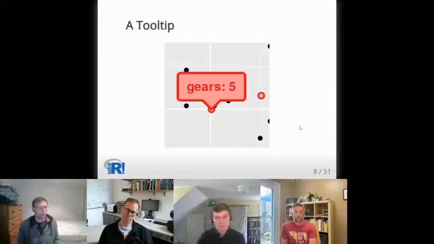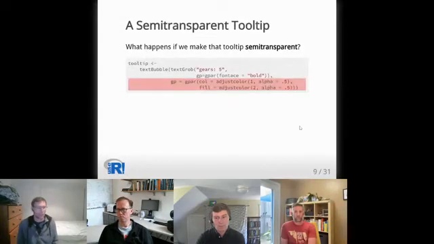One of the features I want in my little tooltip is for it to be semi-transparent, so I can see through it and see the points behind it. Here's the simple way of doing that, again using existing stuff. I can just dial down the transparency of the colors I'm using to draw.